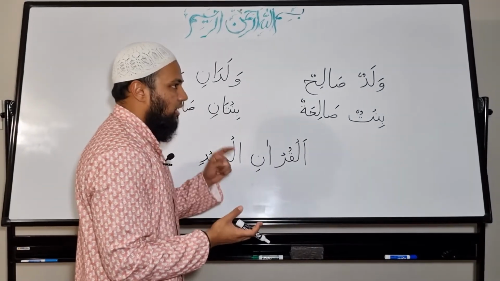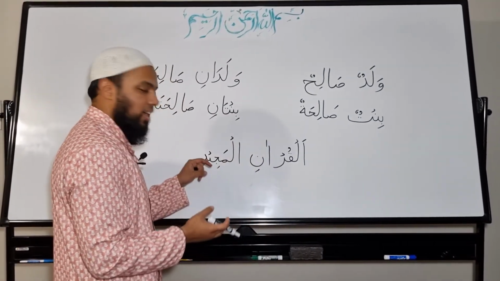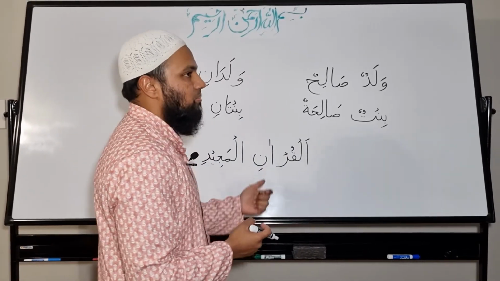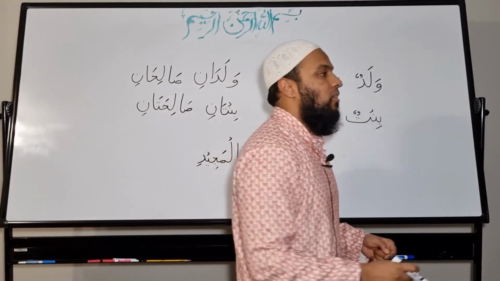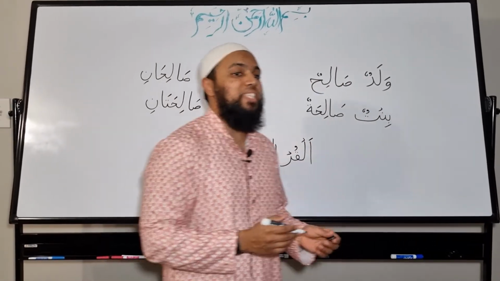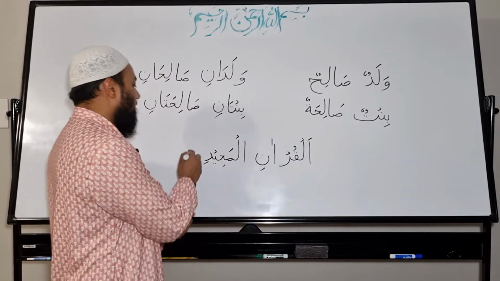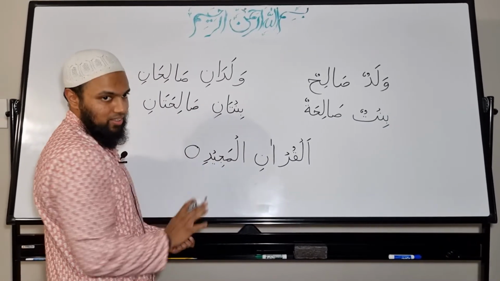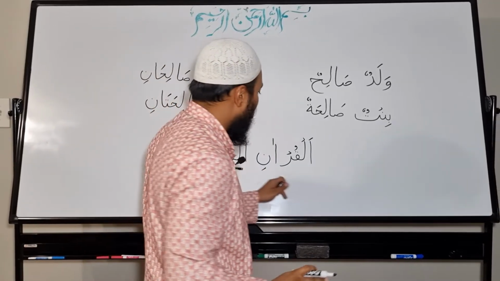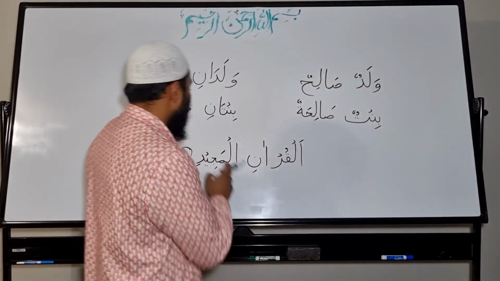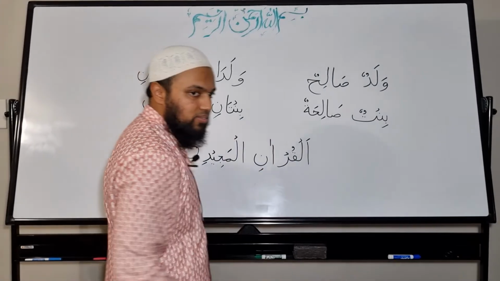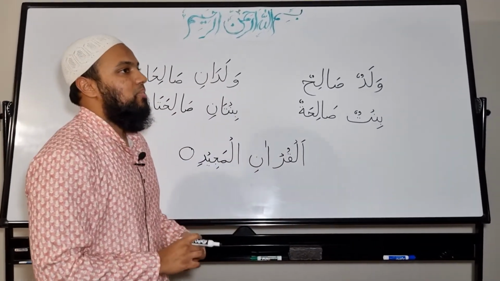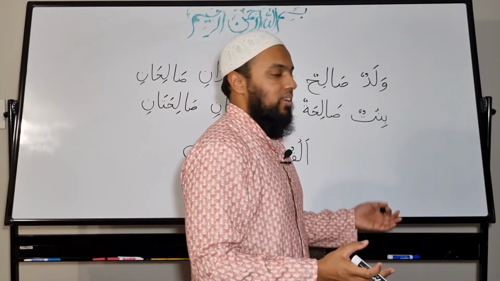Al-Qur'anu, Al-Qur'ana, Al-Qur'ani. Al-Majidu, Al-Majida, Al-Majidi, right? In the Quran, Surat Qaf: Qaf wal Qur'anil Majid. We stop here, that's why we don't say Majidi, but it's Qaf wal Qur'anil Majid. So Al-Majid is the sifa of Quran, right? The glorious Quran.